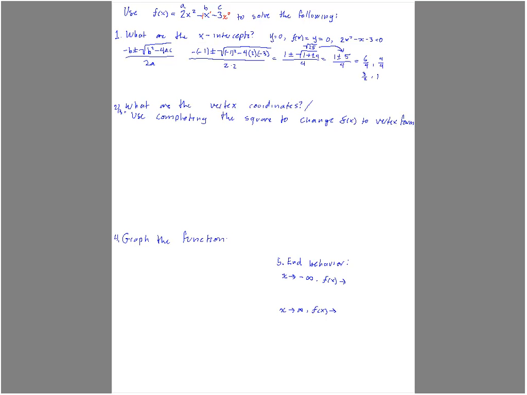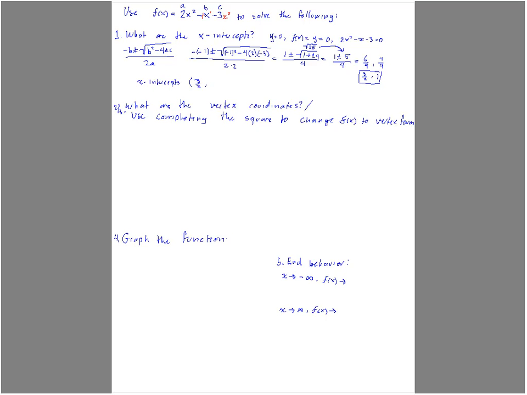Now, the x-intercepts you write in ordered pair form. So your x values are the ones that we found here, 3 over 2 and 1.